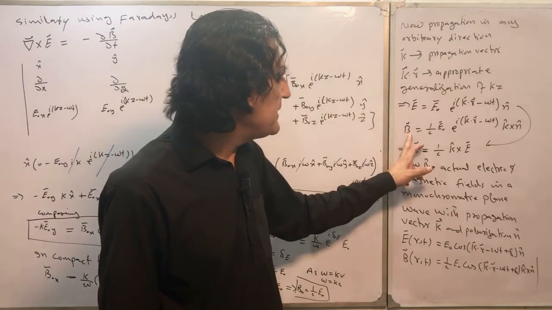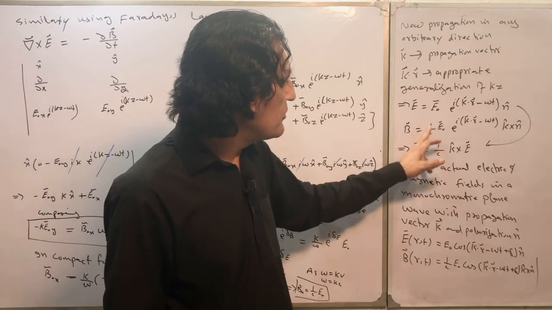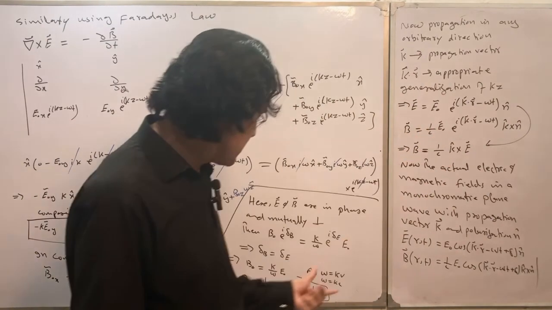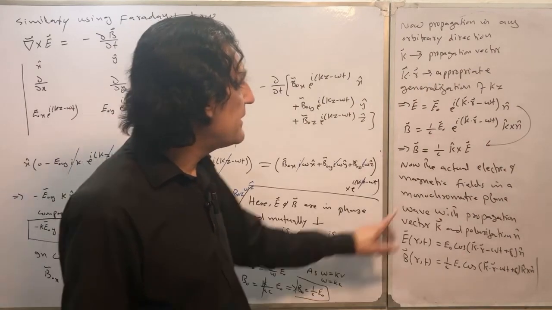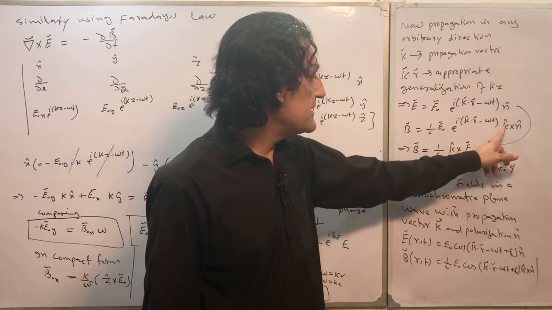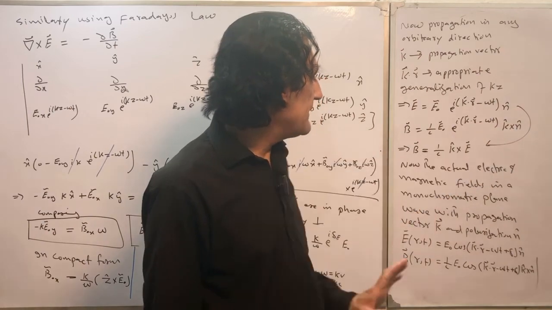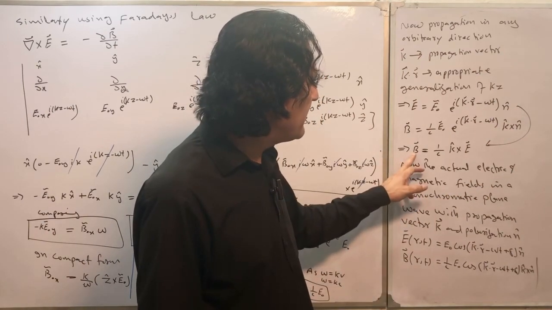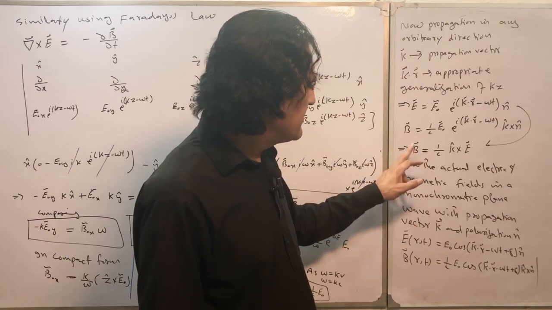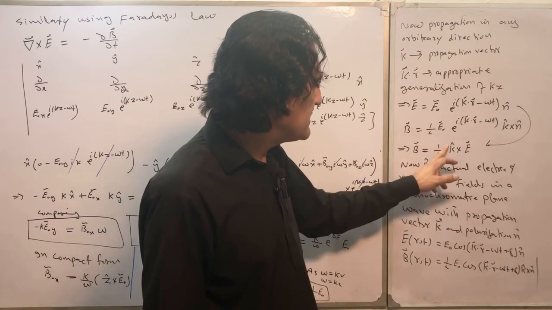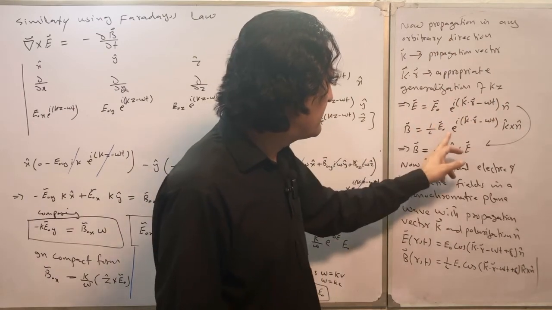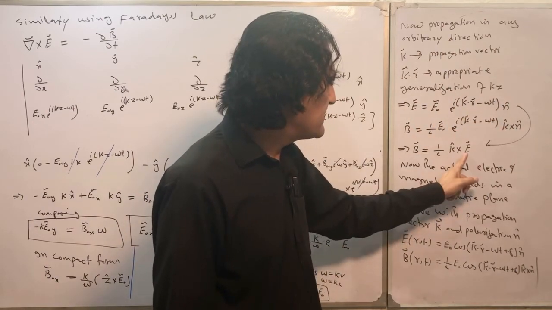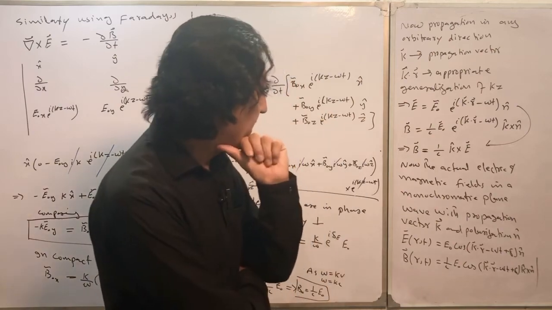And then B can be equal to 1 over c E naught, because we have found B naught equal to 1 over c E naught, and then e to the power this, and this is k cross n. And then we may write B, the magnetic field, which is equal to 1 over c k cross E. If we put the value of this one, then this is E, then we can write like this.